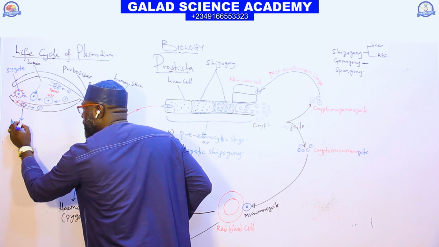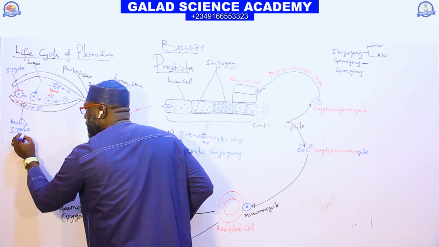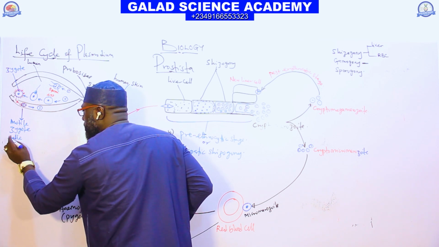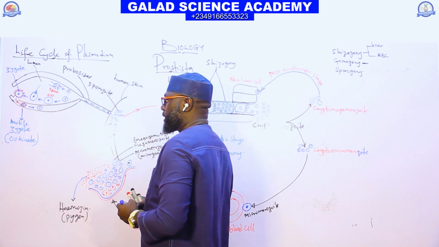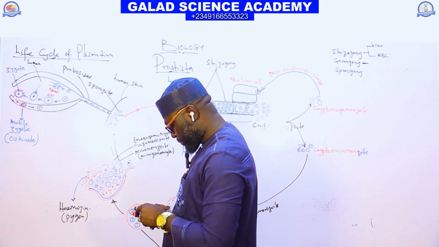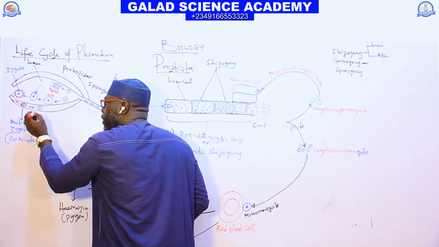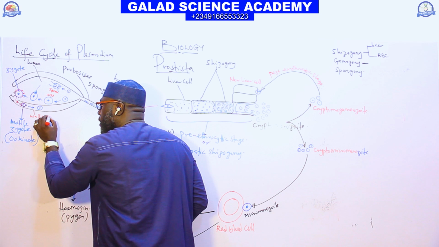The motile zygote we call ookinete. That is linking to the motile zygote of Plasmodium. And the zygote immediately gets to the wall of the mosquito.